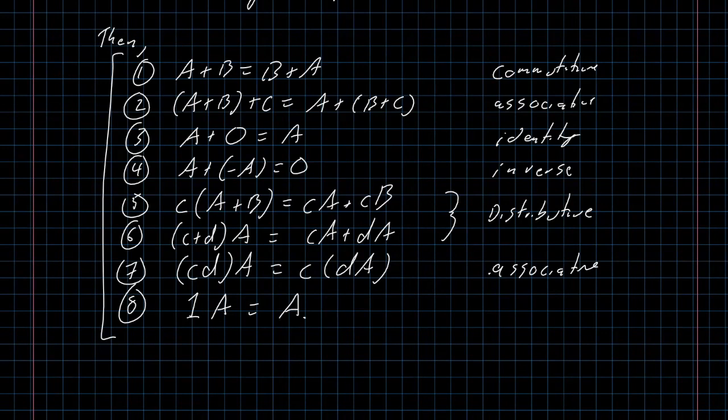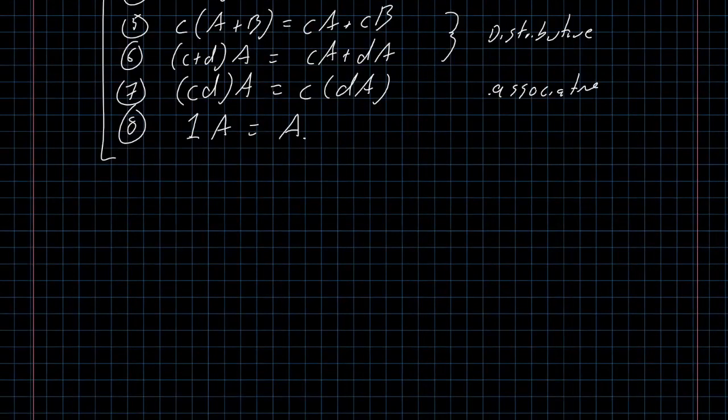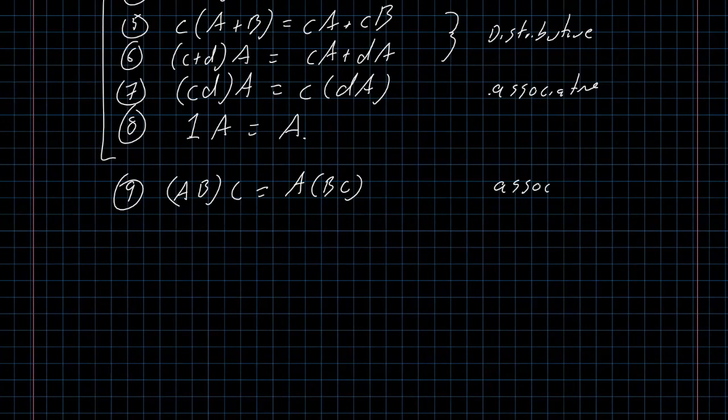The next set of properties is a little bit harder to deal with. The next set of properties is going to deal with matrix multiplication, where we are still going to have an associative property, even if we don't have a commutative property. And we will have a distributive property.